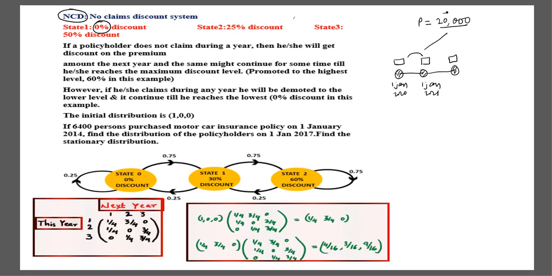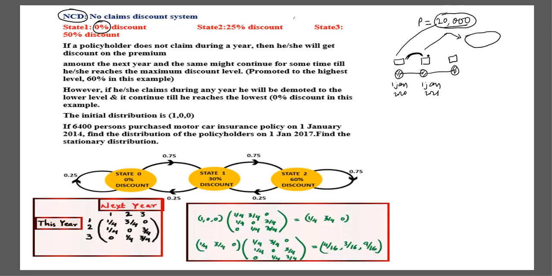They will not charge you 20,000 premium. They might give you some discount. The discount amount will depend on your driving experience. They will rate the policyholders. That is called experience rating.